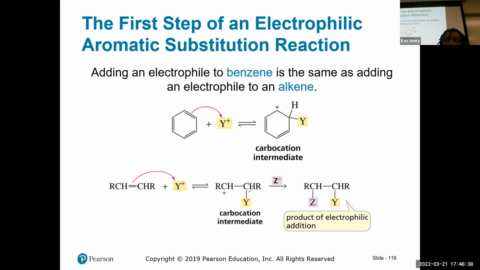So it's going to be very similar to what happens here, right? So we're going to get the Y attached to that carbon there, that inner carbon. And then we're going to have Z minus, and that Z minus is going to attach where that plus is at. So we're going to get the formation of that carbocation.